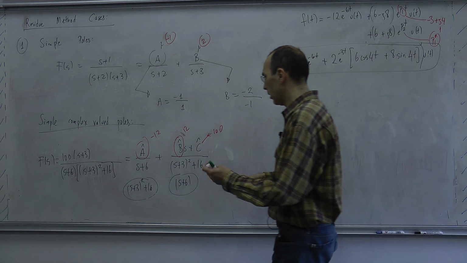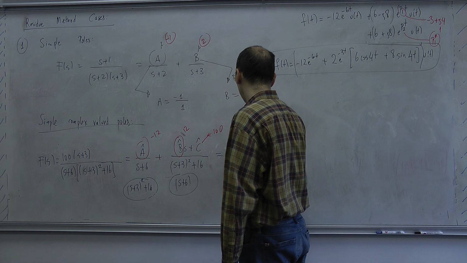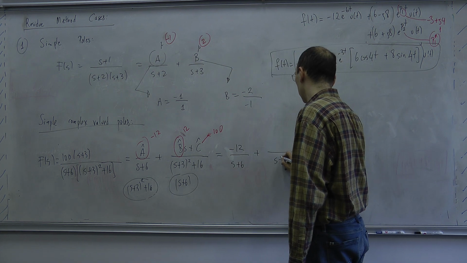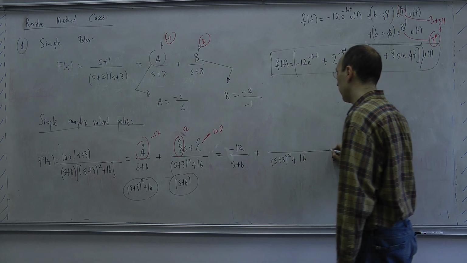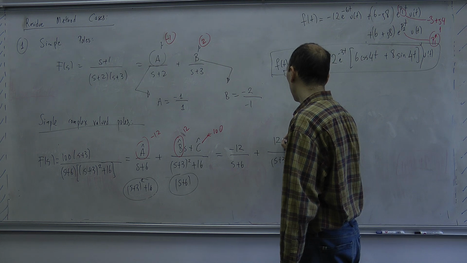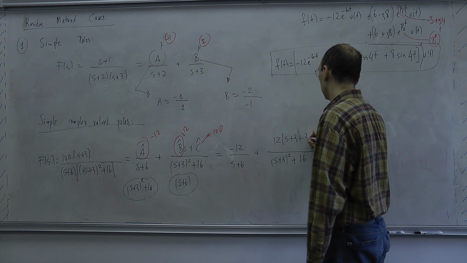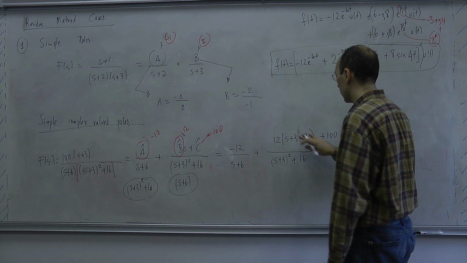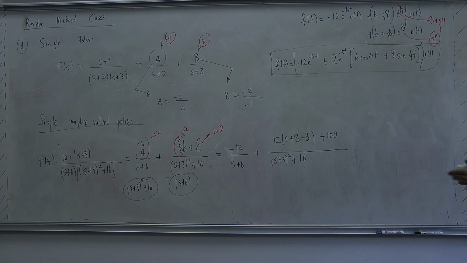Okay. So what do I have? Now I get the following. Minus 12 s plus 6 plus s plus 3 square plus 16. So 12, let me see, s plus 3 minus 3 plus 100. So what's going on? I have added and subtracted minus 3's over here.